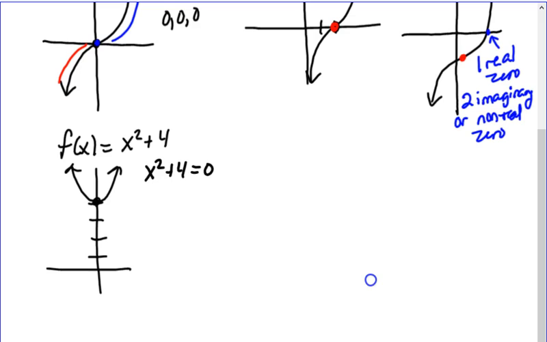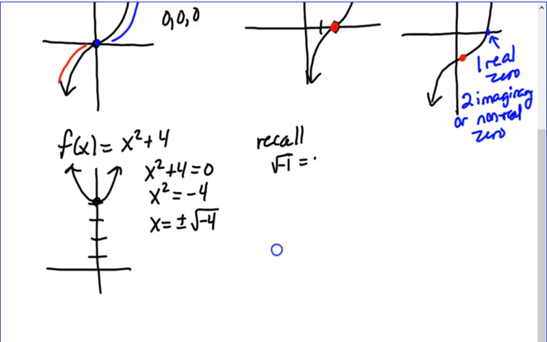So if we set this equal to 0 and solve it, we get x squared equals negative 4. Well, there aren't any real numbers that you can square and get a negative number. If we solve this, x is equal to plus or minus the square root of negative 4, which is undefined in the real number system, but it is defined as an imaginary number. Recall the definition of i is that i is equal to the square root of negative 1.